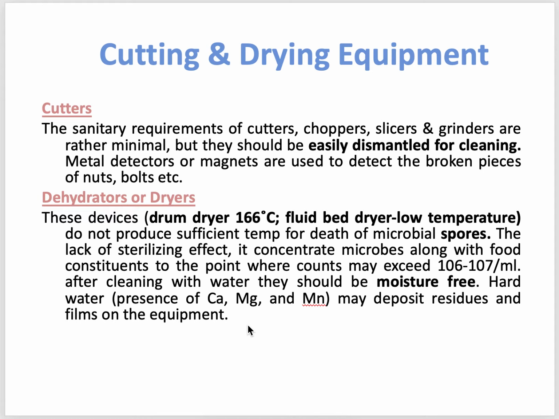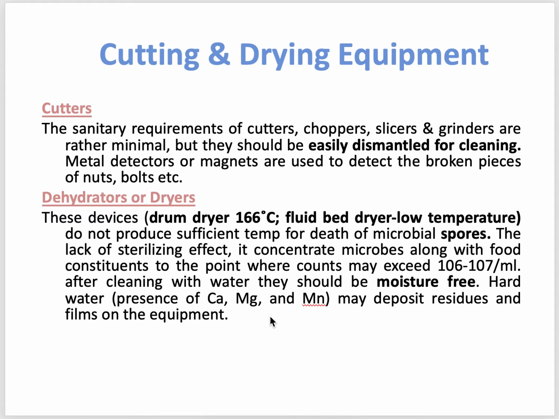Suppose you are using water to clean this equipment. After cleaning, you should wipe out all the moisture, because moisture supports the growth of microbes. Moreover, if we use hard water for cleaning, it can create some additional problems.